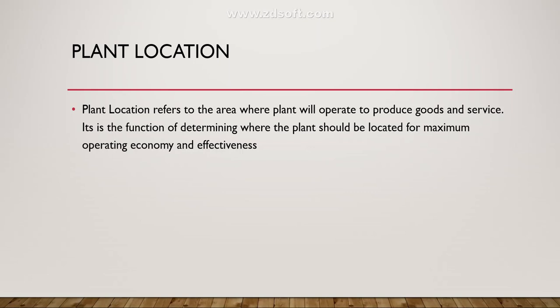So what is an ideal location? An ideal location is one where the cost of the product can be kept minimum with a large market share. This is very important.